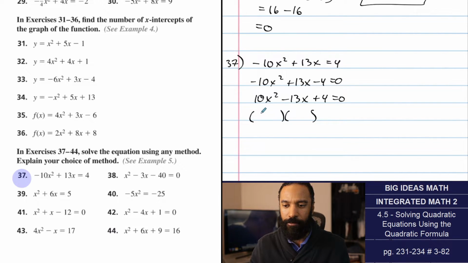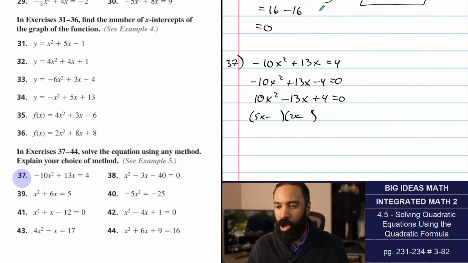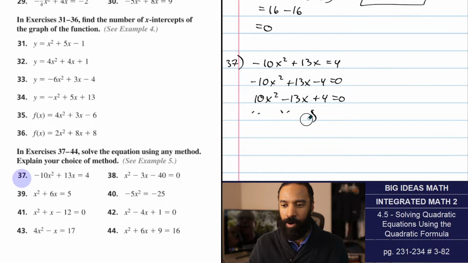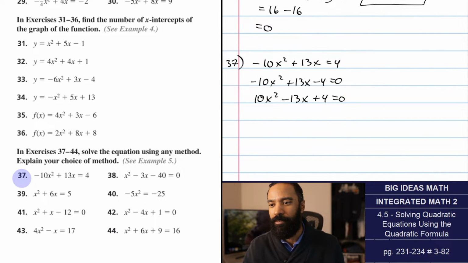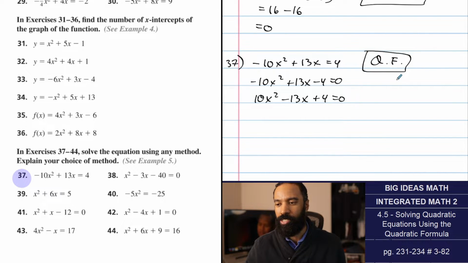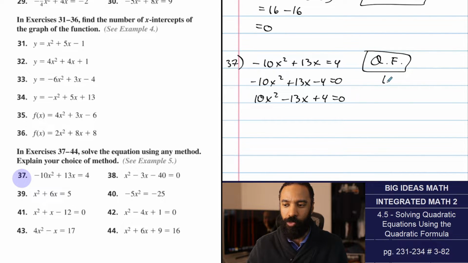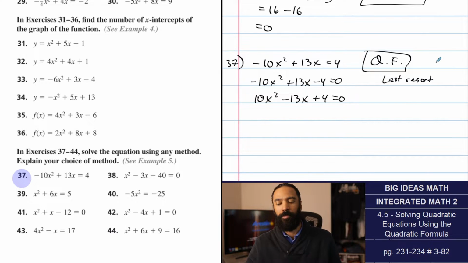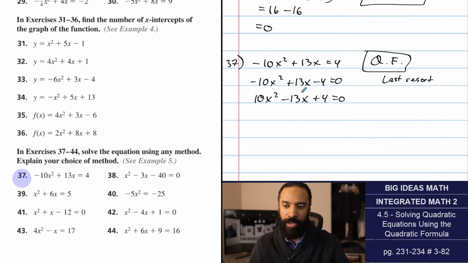So can I factor 5x and 2x with some form of negatives? No, that's not going to get me anywhere. Not factorable. Given everything else, this is quadratic formula, last resort. All I mean by this is unfactorable. I don't have a 1x squared for completing the square, and there is an x term, so not using square roots.